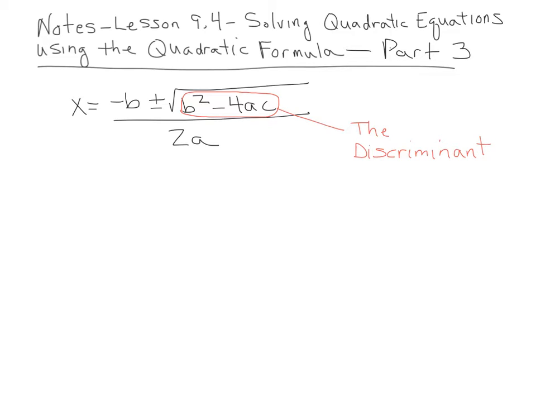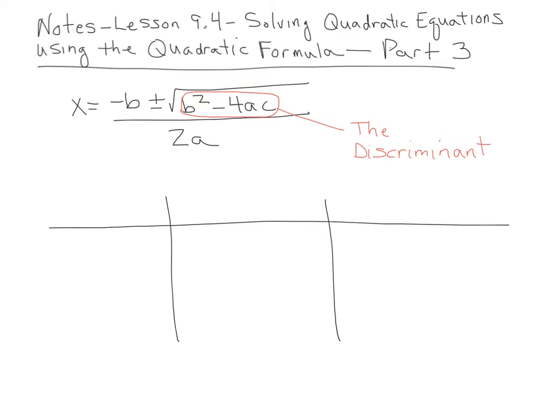So there are 3 cases. You're going to look at just the discriminant and decide: does it have 2 solutions, one solution, or no solutions?